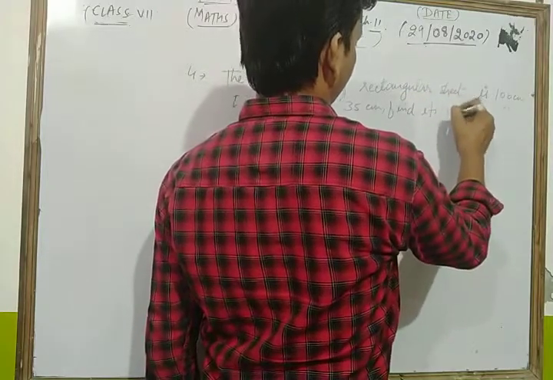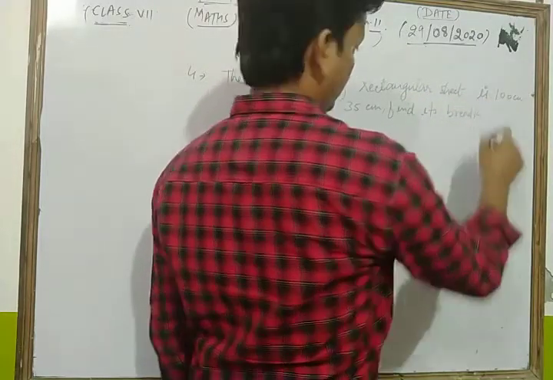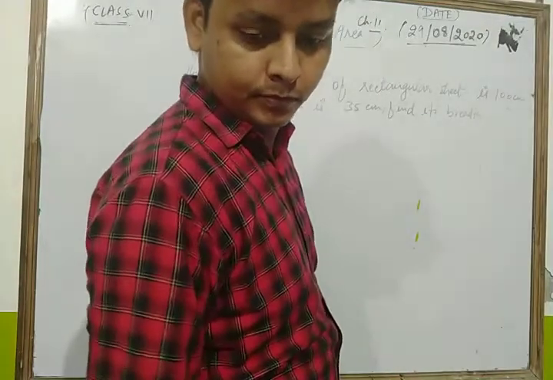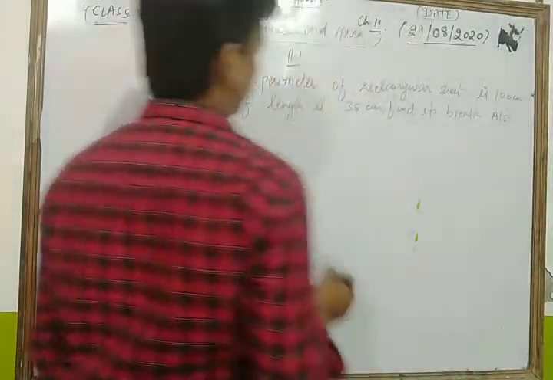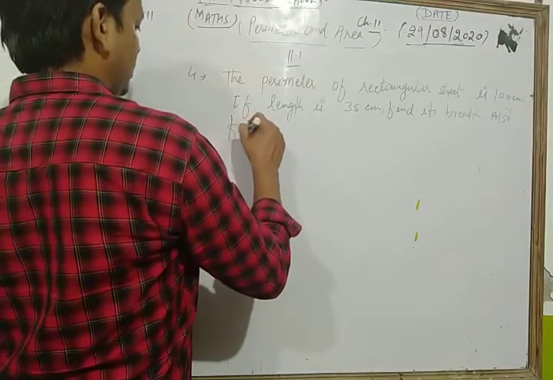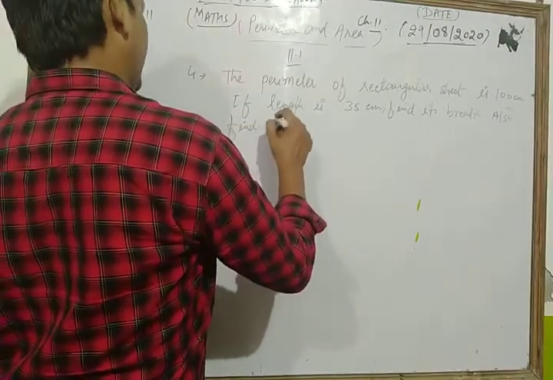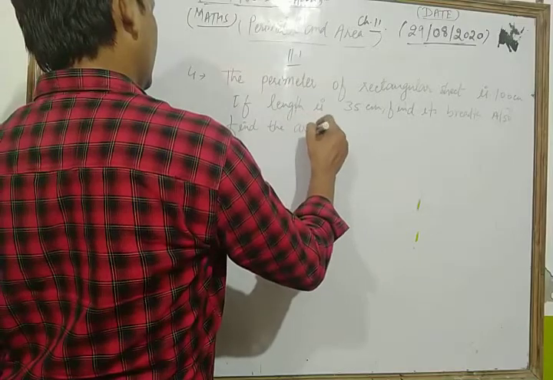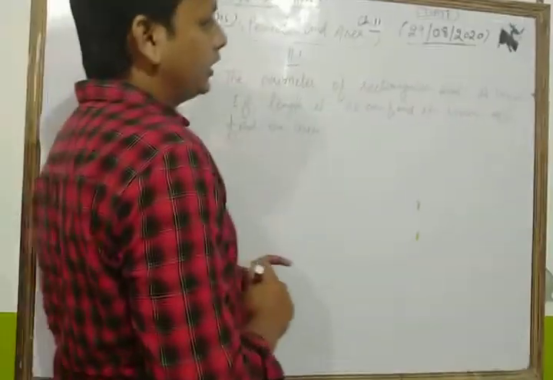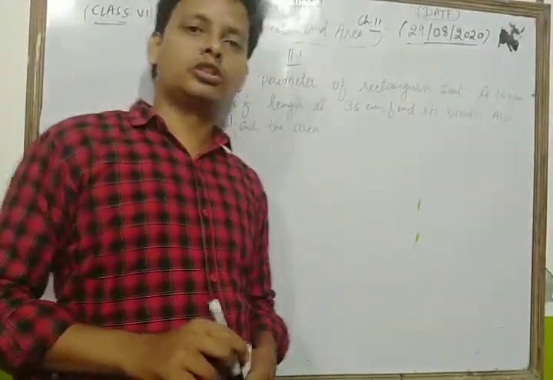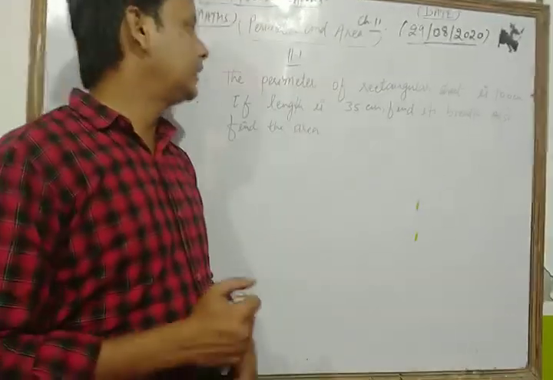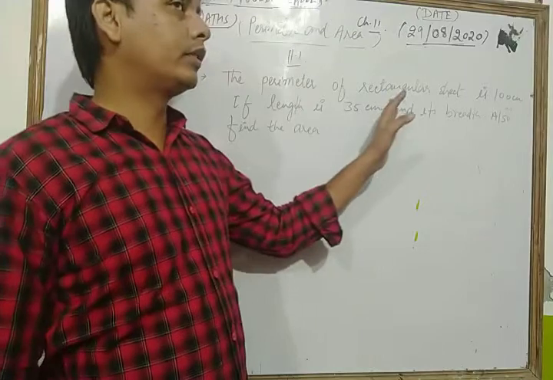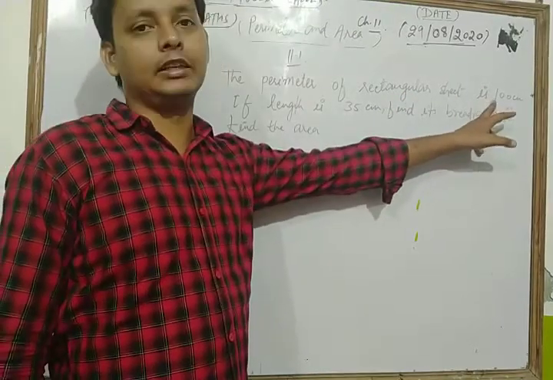find its breadth, also find the area. Dear student, this is one of the most important questions of your NCERT exercise. Let's see its solution. In that question, the perimeter of the rectangular sheet is given as 100 centimeters.